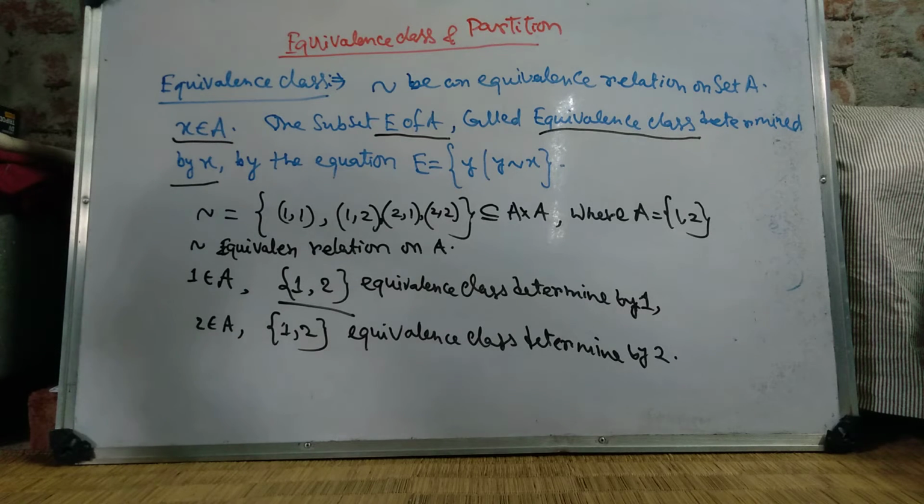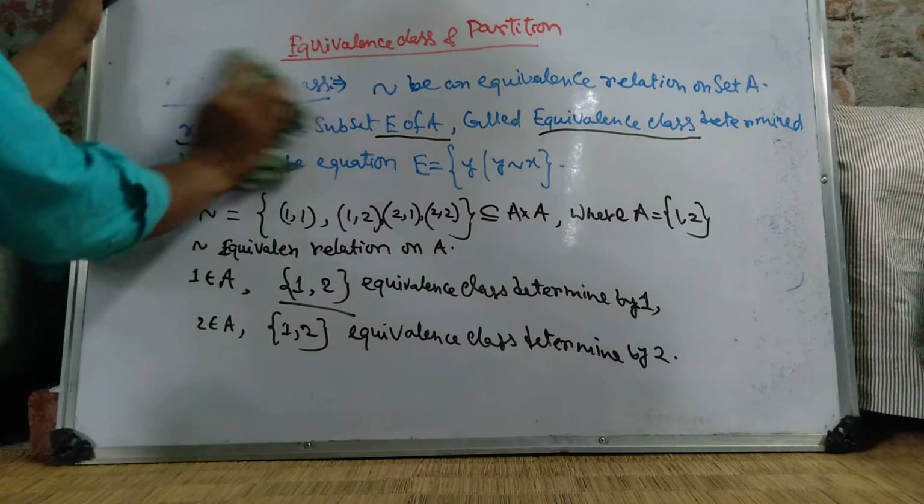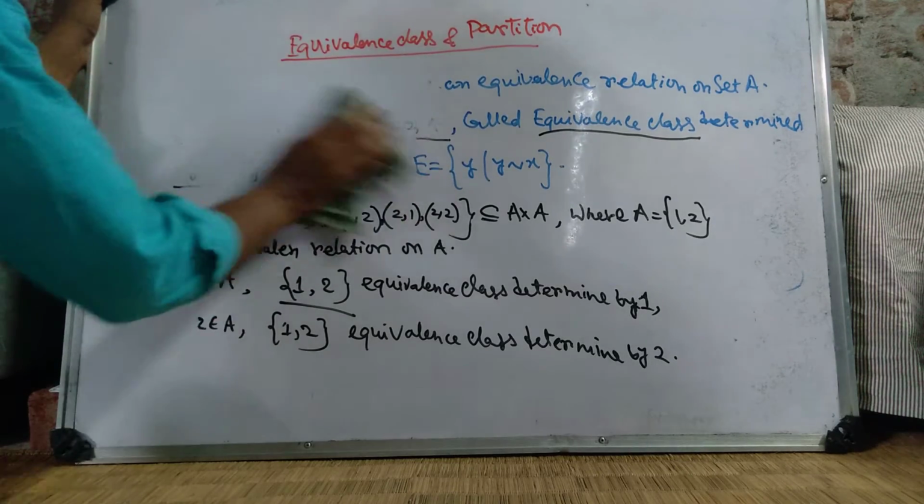And then an equivalence class is a subset of A determined by those elements of A which are related to another element in the equivalence relation. Okay, so we understand properly.